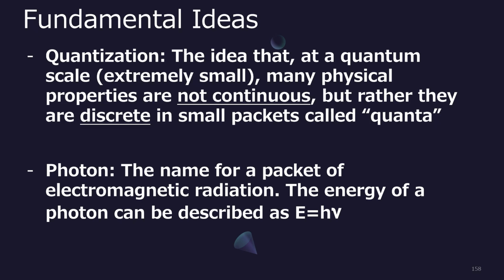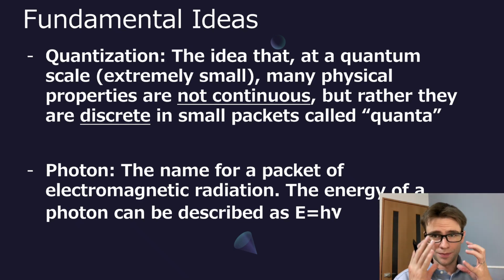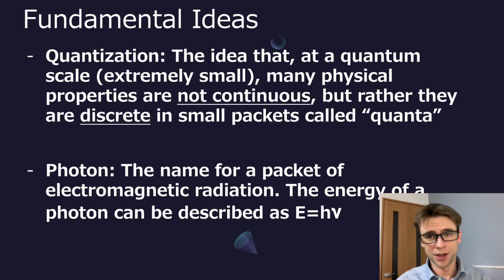But now I'm telling you, instead of just calling this the energy of the electromagnetic wave, it's the energy of a packet of radiation called a photon. But this packet of energy and the electromagnetic wave simulation visualization I showed you are essentially the same thing at the same time. It's very hard for our minds to wrap around this, but sometimes photons are imagined as waves, sometimes as packages or particles, and they have properties of both.